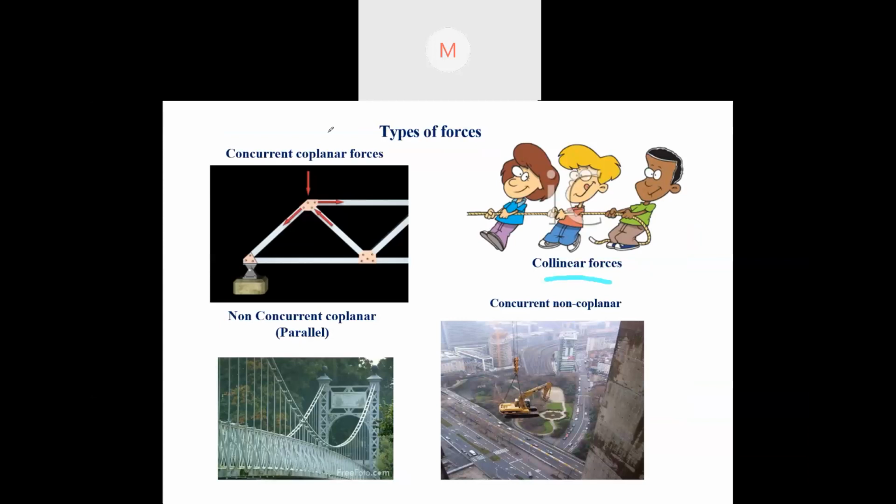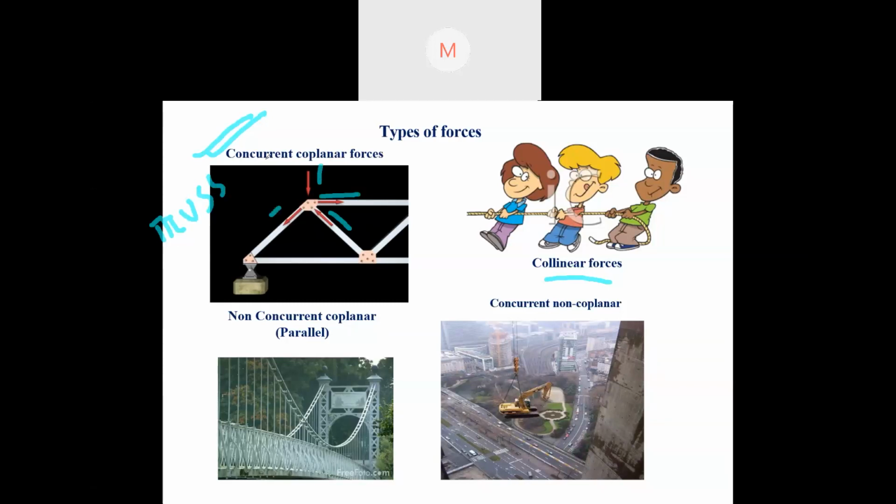Now let us go to concurrent coplanar force. This kind of truss bridge, have you seen this? This is the truss bridge. So now in this truss, here this is one force, here this is one force, here this is one force, here this is one force.